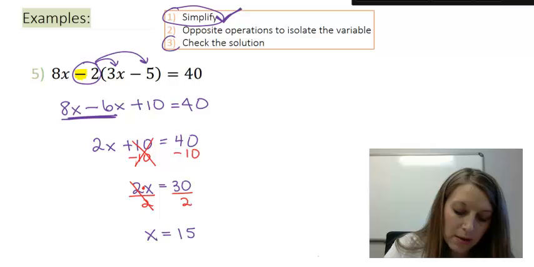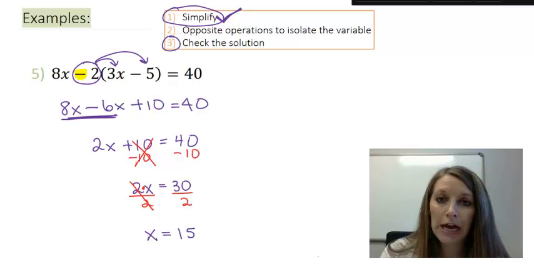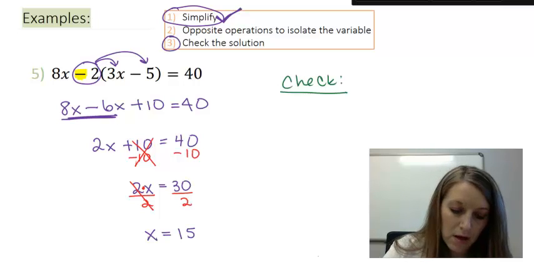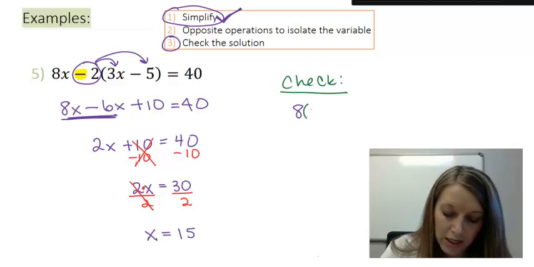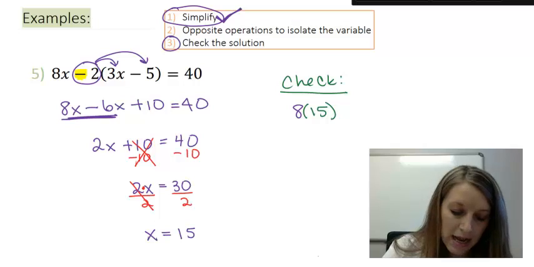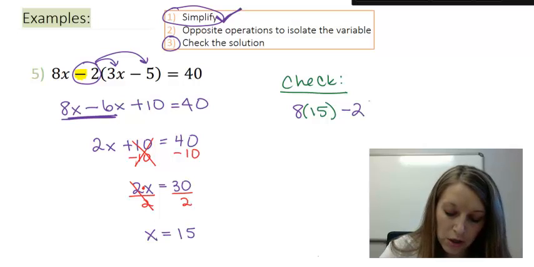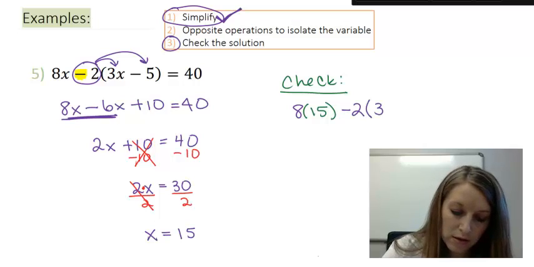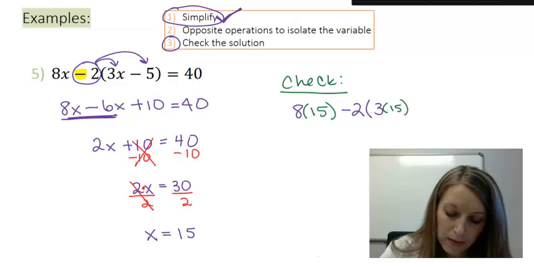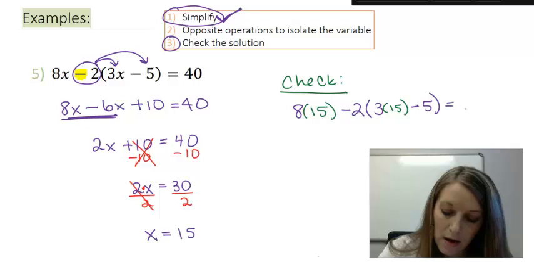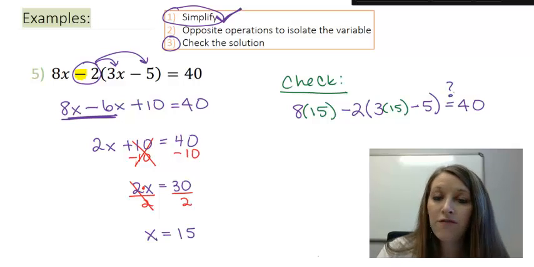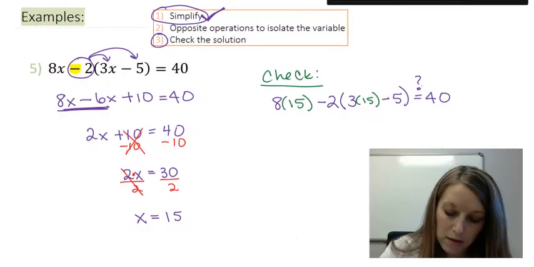So I'm down to step number 3, where I need to check this solution. I do that by plugging in 15 for each place that I see an x in my original equation. And when I simplify it, hopefully that simplifies to be 40 on the right.